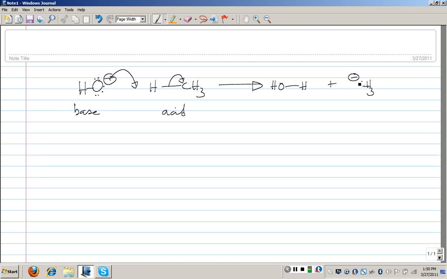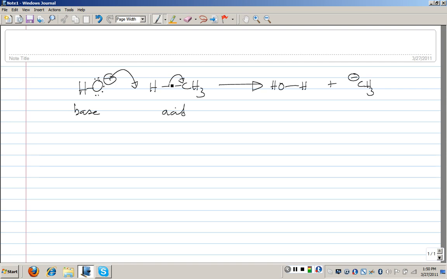Now, if I ask the question, is hydroxide a stronger base than methane? The answer is yes, because hydroxide has lone pairs, methane does not. But that question is irrelevant to the issue of whether the reaction goes or not. I am not interested in comparing this species to that species.